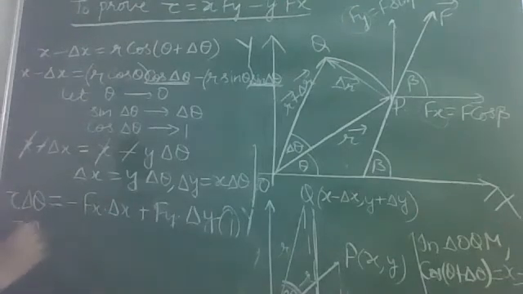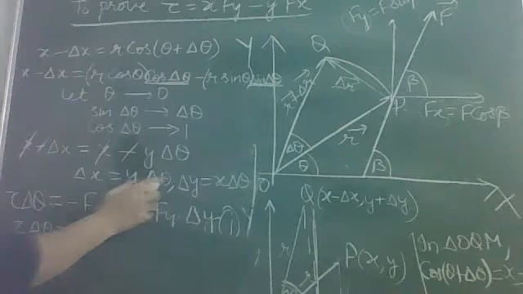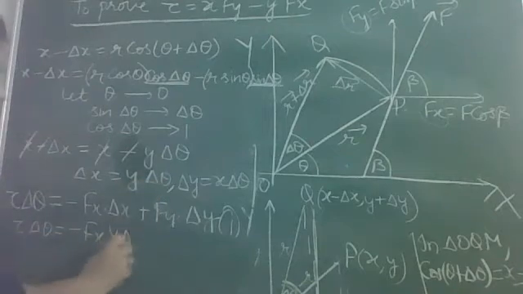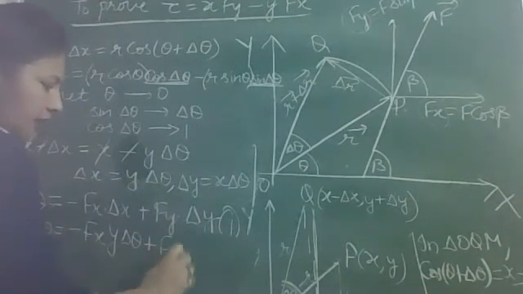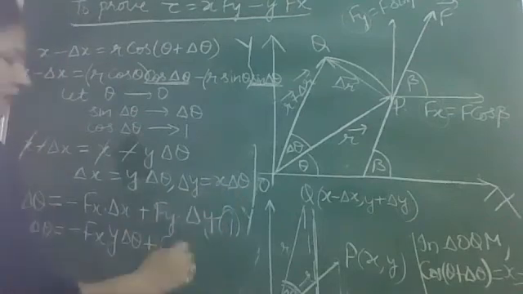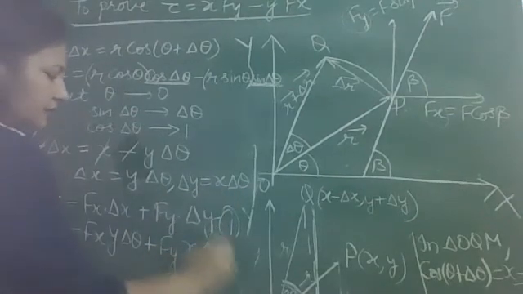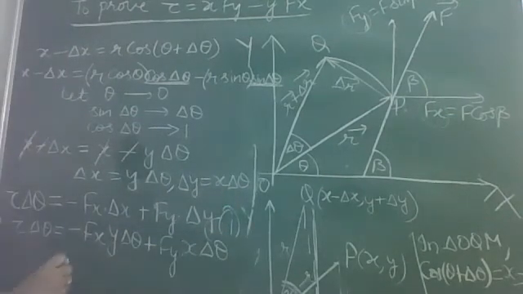So tau delta theta is minus Fx and delta x is y delta theta, plus Fy, and what is the value of delta y? That is x delta theta. From the right hand side, take delta theta common.